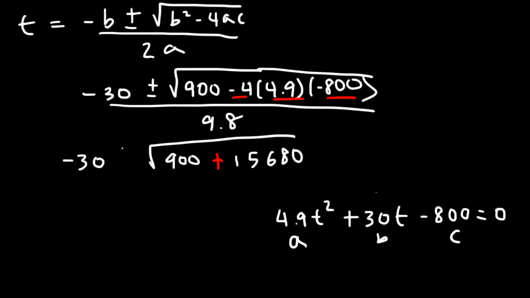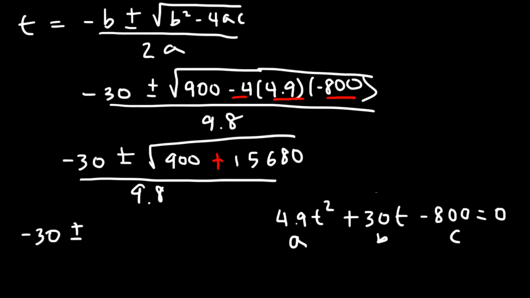So now let's add those two numbers. If we add 900, it's going to be 16,580, and the square root of that number is 128.76.